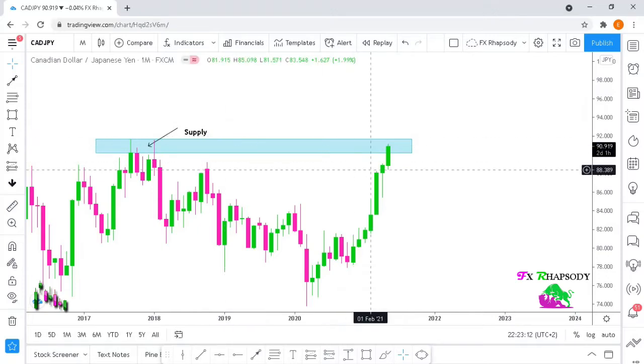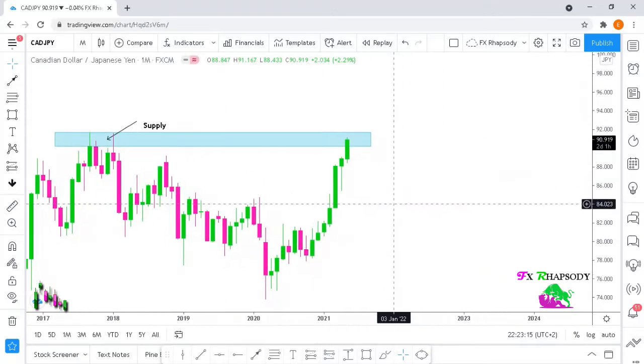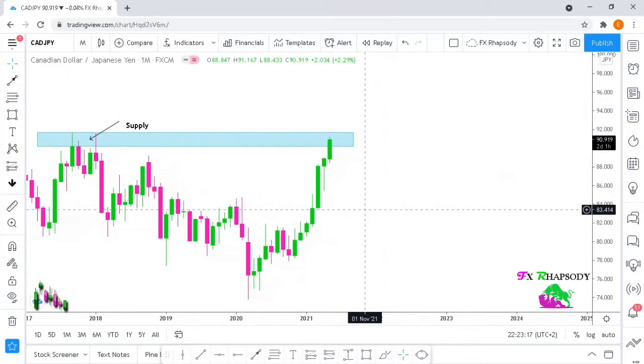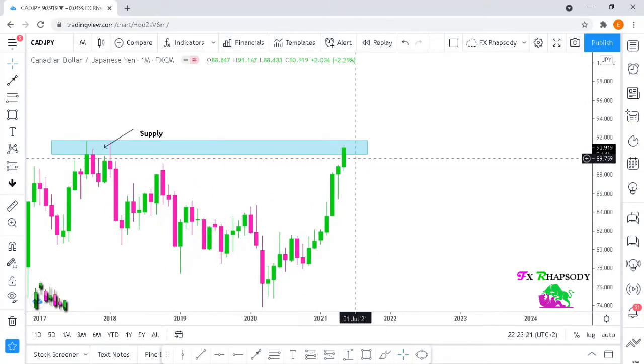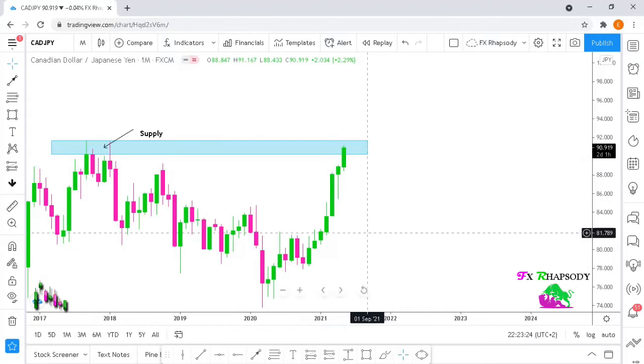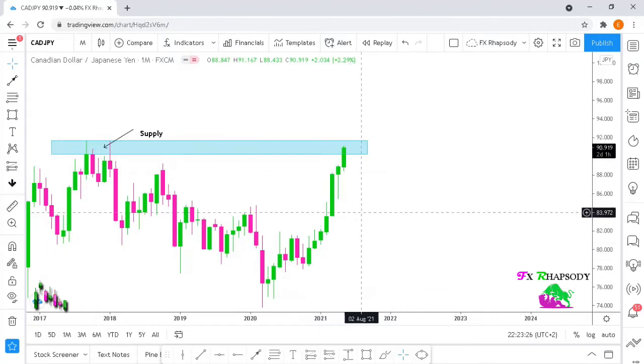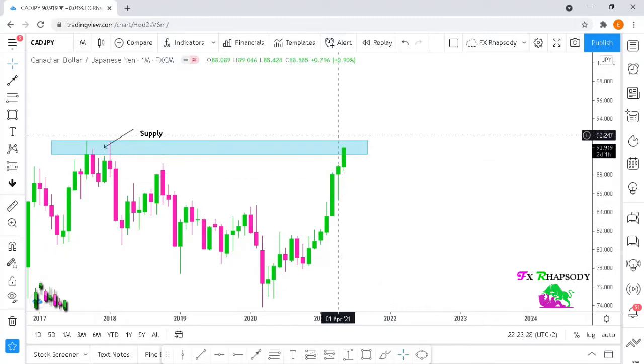There's definitely a big possibility that the Canadian dollar will start pulling back and moving to the downside, that the bears are going to start taking over, the sellers are going to climb into the market and start pushing the price down.